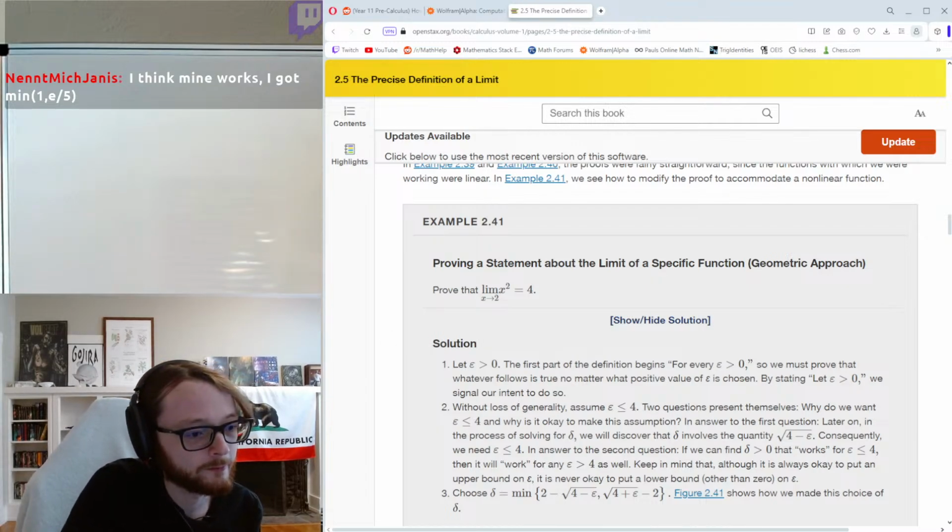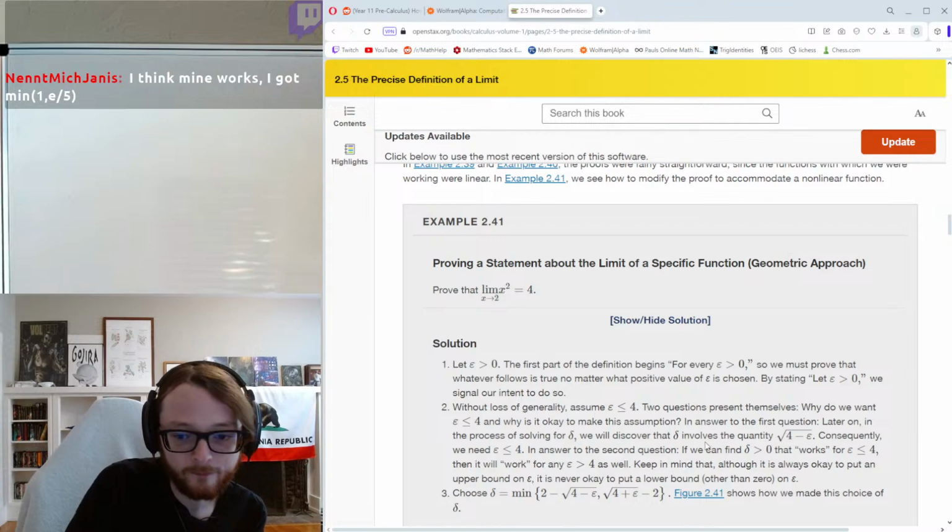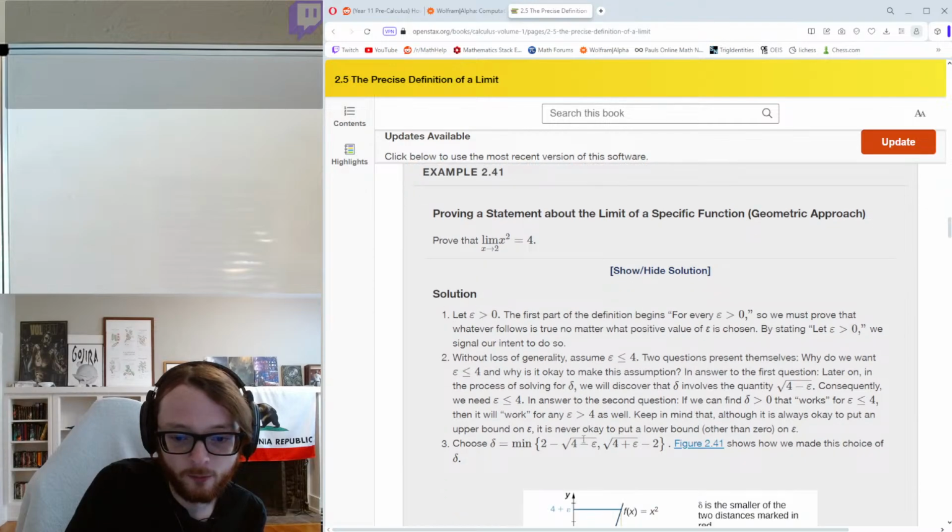You say epsilon over 5, really? Should it be that symbol when a quadratic is involved, though? There should be some kind of square root, like the problem has. I don't know why I don't get one, though.